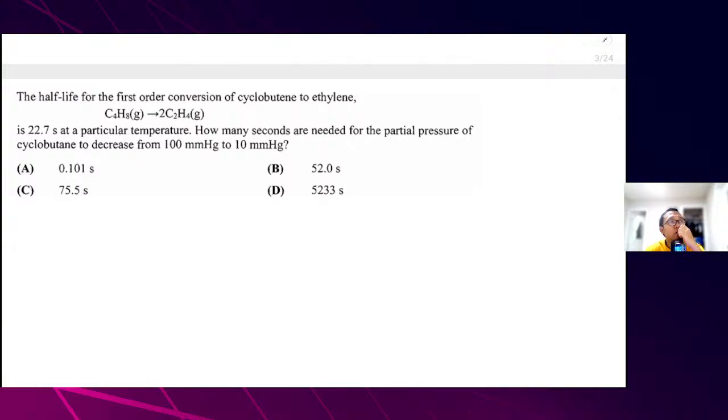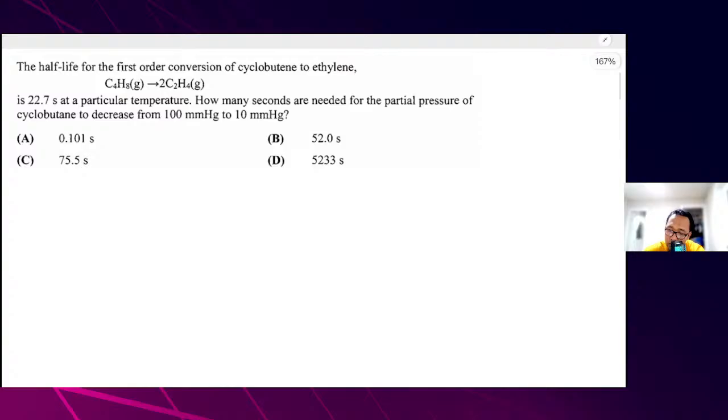However, if we know the concept of half-life. The half-life is 22.7. So let's break it down first. The first order, there is a clue over here. First order. The half-life is constant.